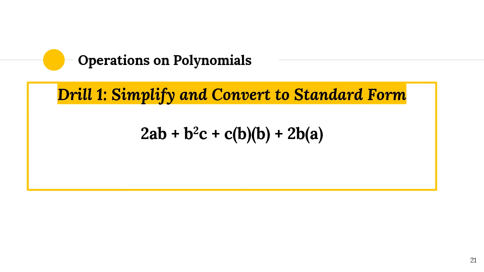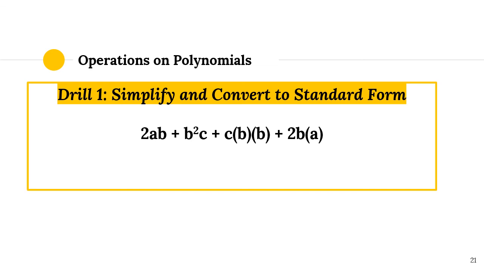So let's try to simplify and remove the parentheses first so that it's easier to simplify this. If you do this, you'd realize that the first and the last terms are like terms. The second and the third are like terms as well.